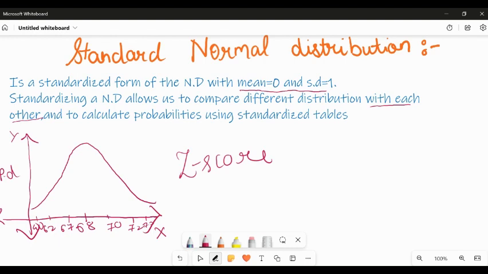Now, while converting into a standard normal distribution, the z score comes into the picture.